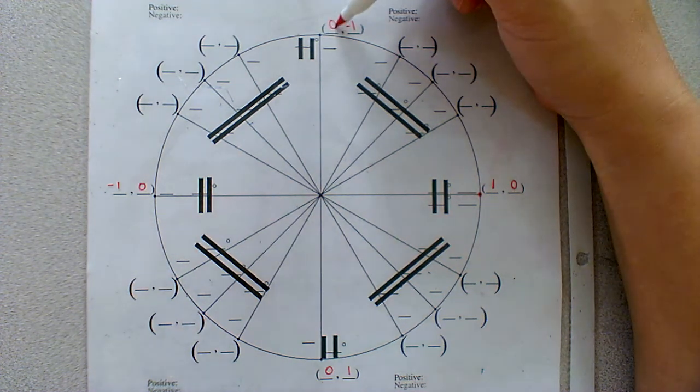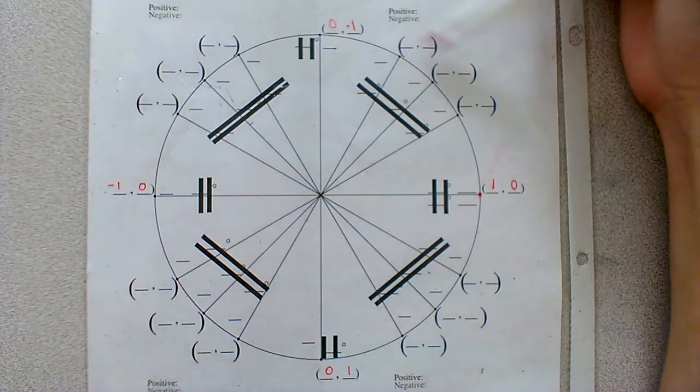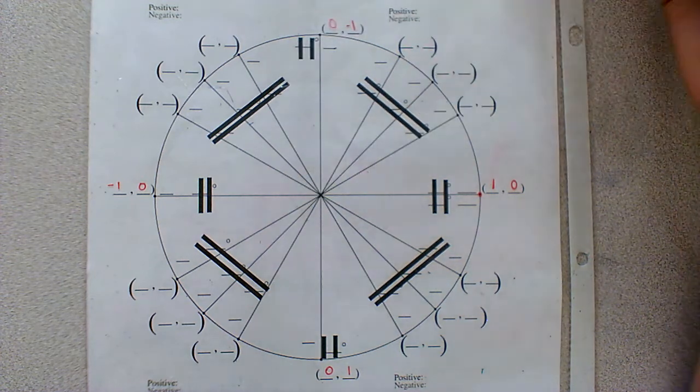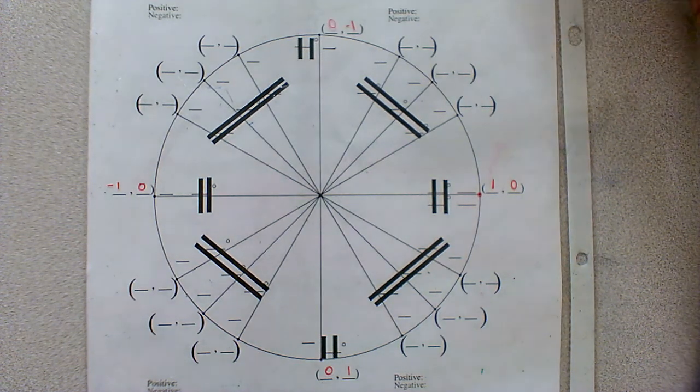There are also the ordered pairs in the first quadrant that are extremely important. But the other points in the other quadrants sometimes show up, which is probably not as often. So just as a general rule of thumb, I would say the first quadrant ordered pairs and top, bottom, left, right are the ones that we definitely have to know.